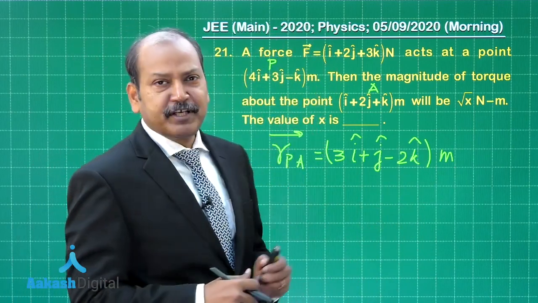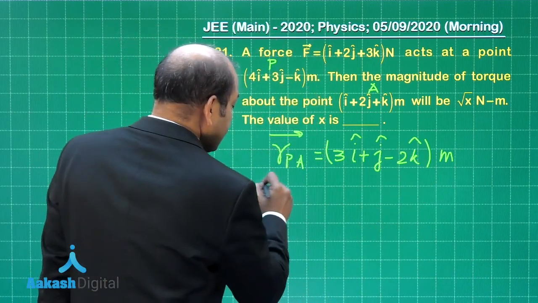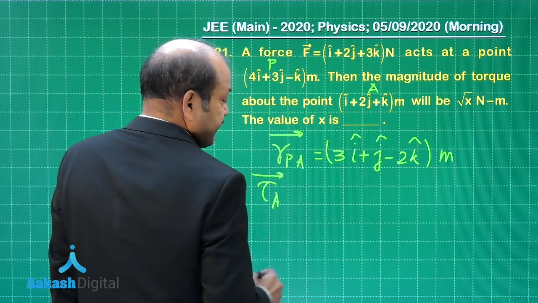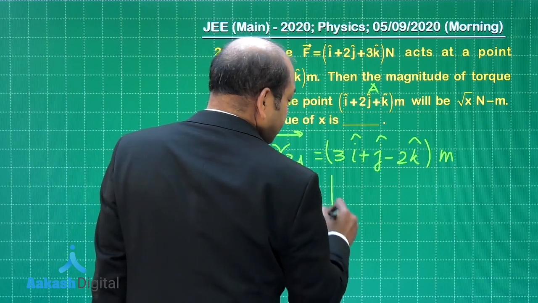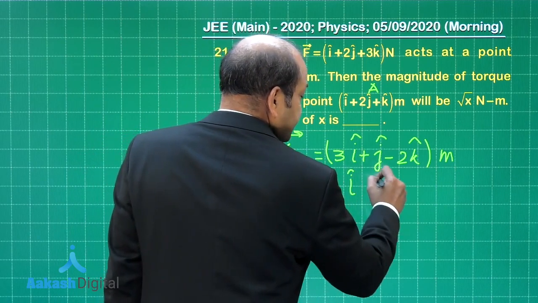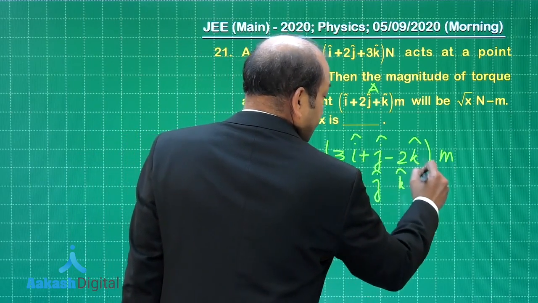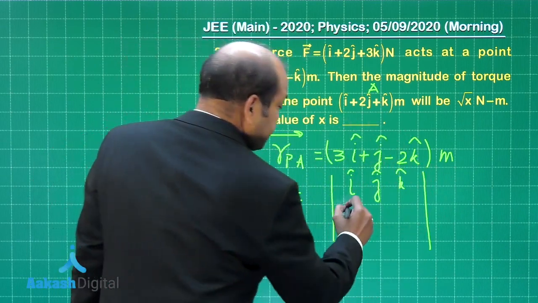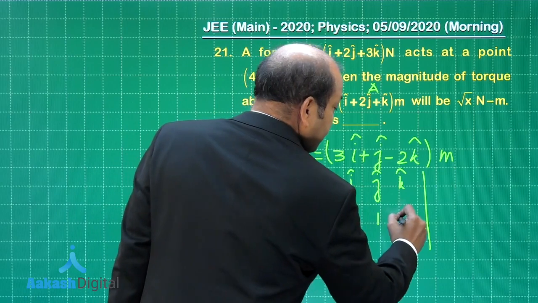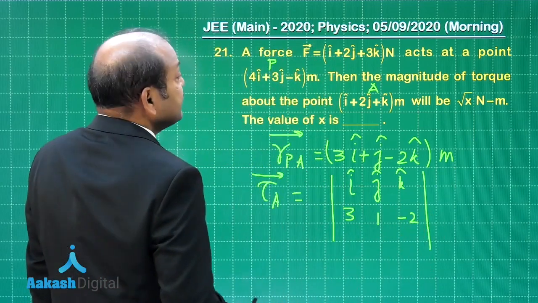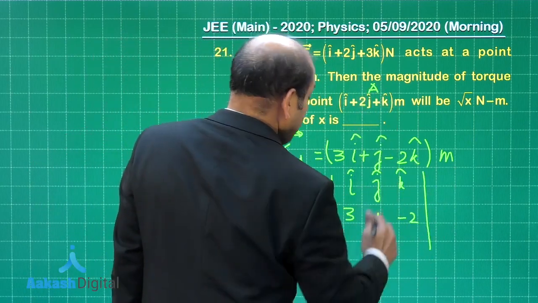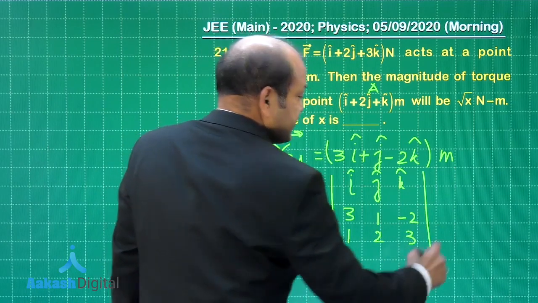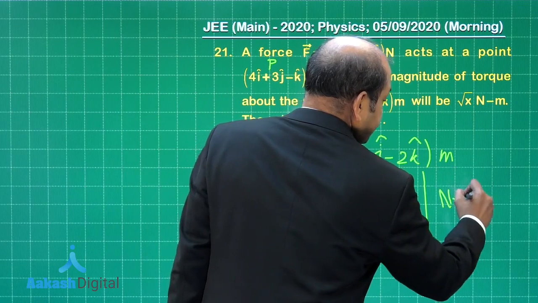F vector of course is given to us. So, the torque of the force about point A is given as, let us use the determinant form. So, this is i cap, j cap, k cap, and then we have x, y and z components of R PA, that means 3, 1, minus 2, and then x, y and z components of force, which is 1, 2 and 3, and this of course will be in terms of Newton meter.